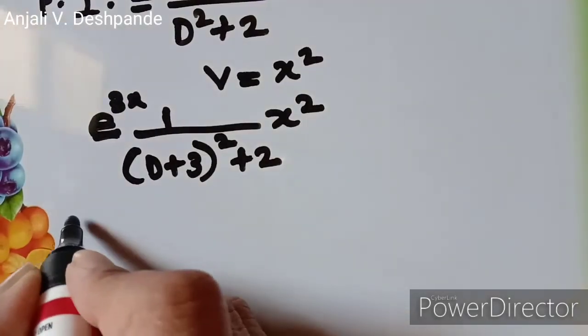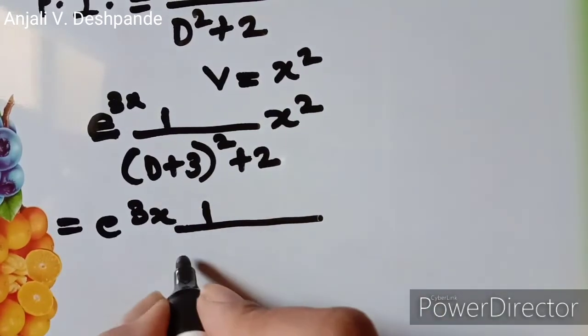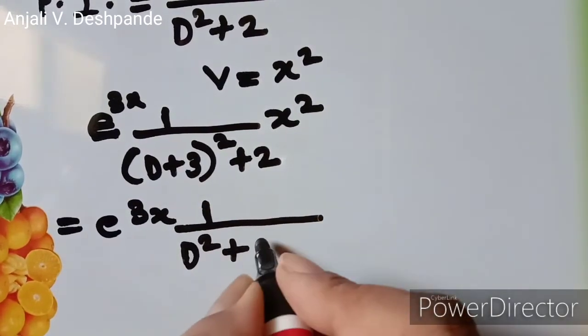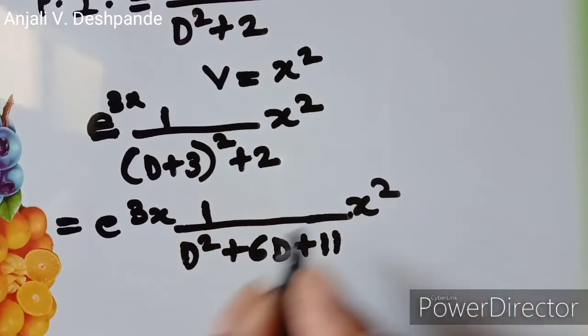So this will be equal to e raised to 3x, 1 upon D square plus 6D plus 11, x square.